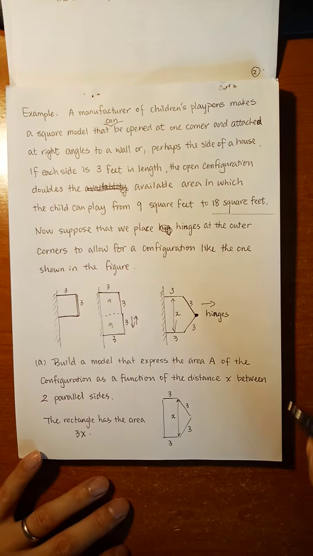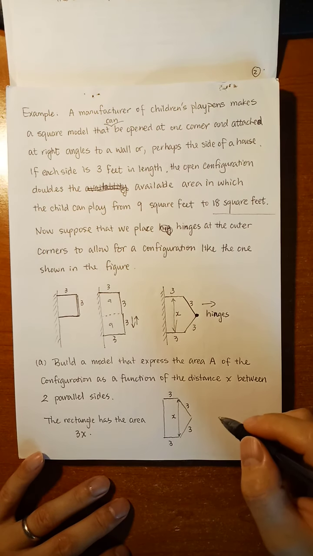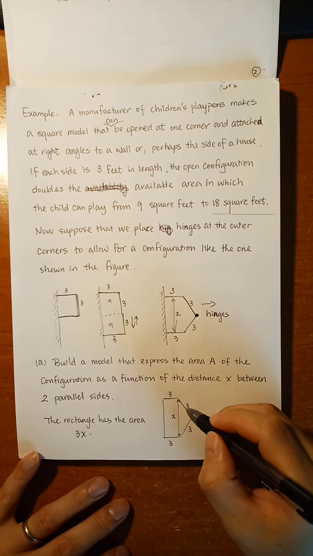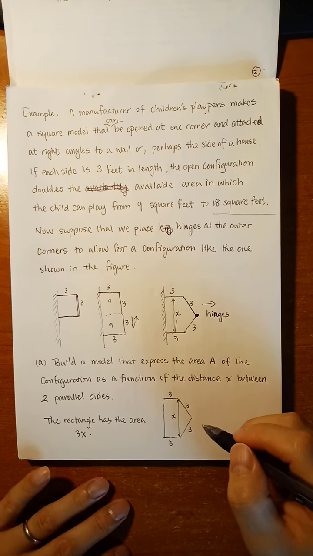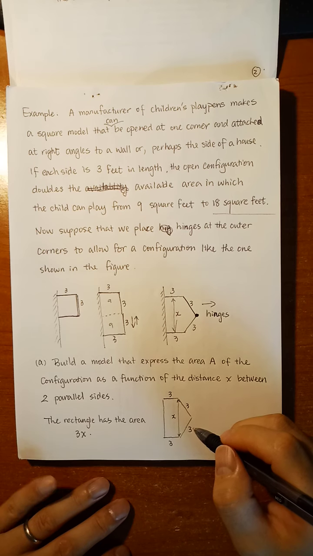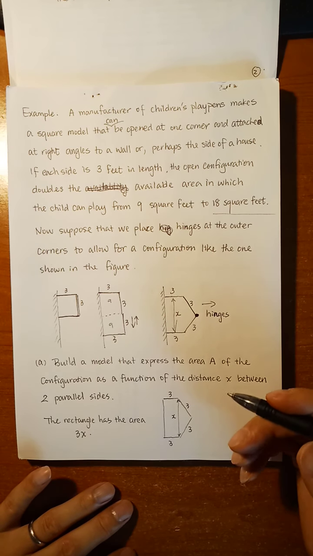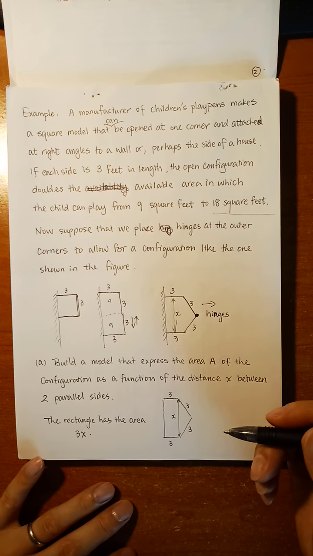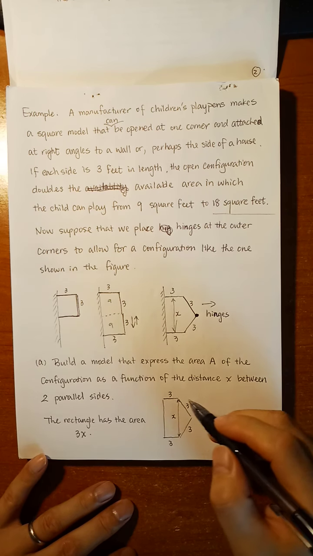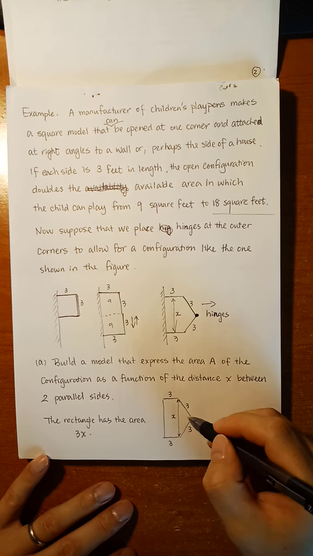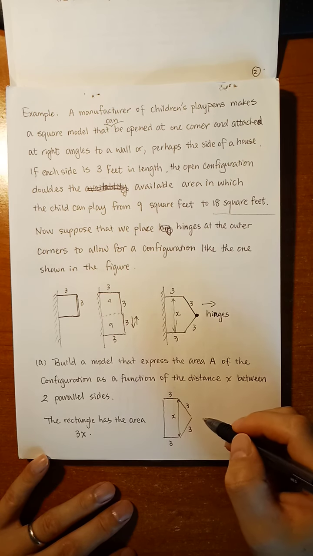The problem is, what is the area of this triangle? This is an isosceles triangle because you have 3 and 3. Then we need 1/2 base times height. Where's the base? Where's the height? If we consider 3 as a base, then it's almost impossible for us to find the height.